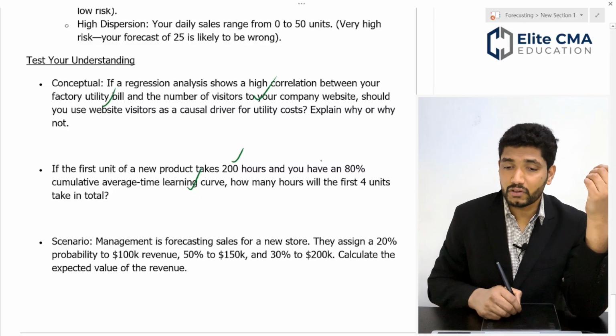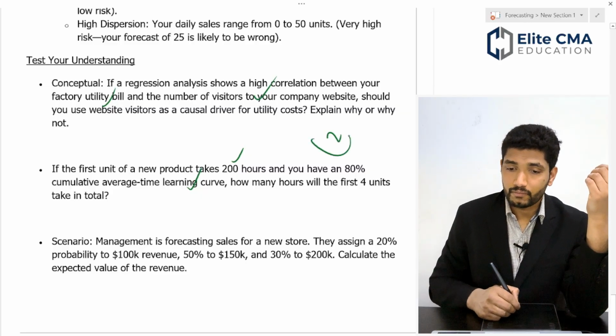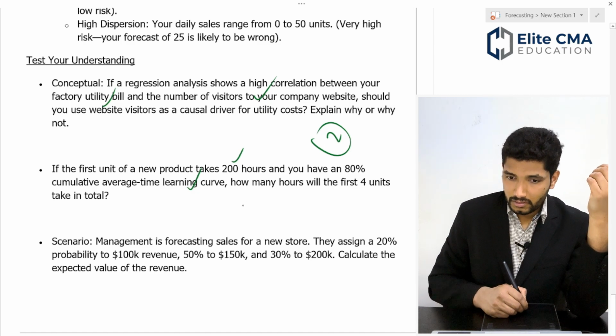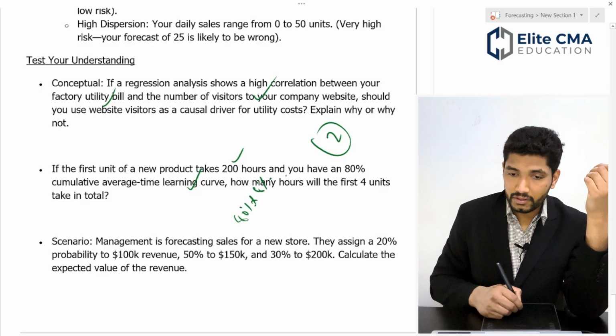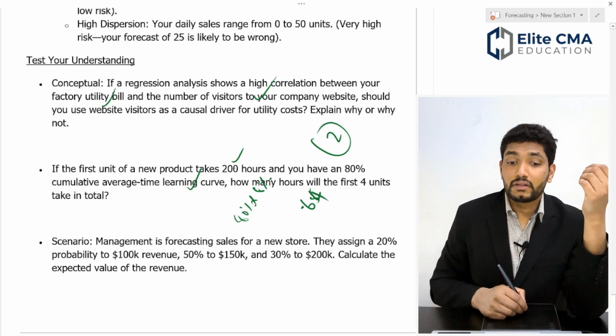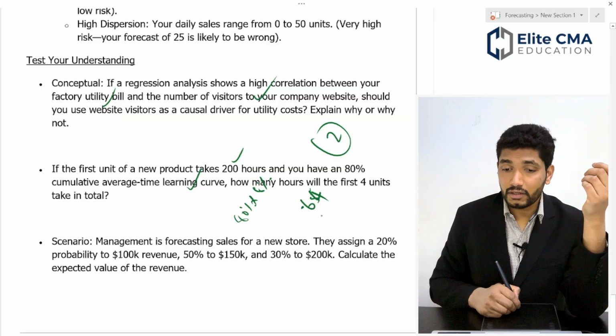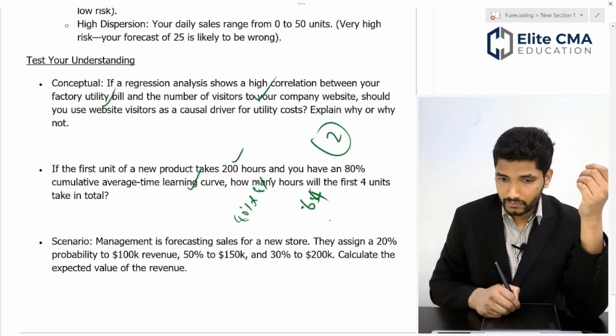First 4 units means your n is 2. That means 80% times 80%, which is 0.64. Then 0.64 times 200 is 128.